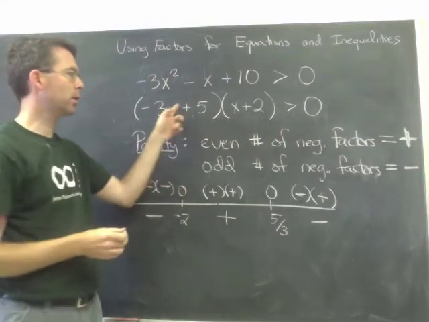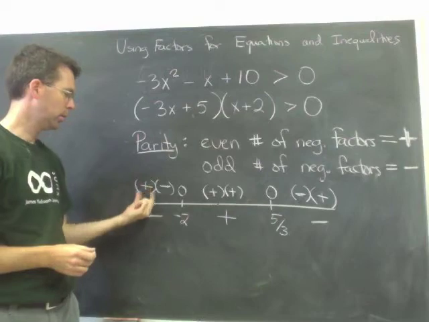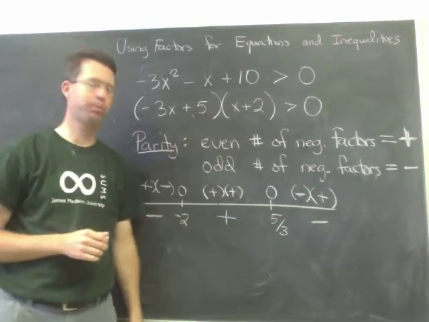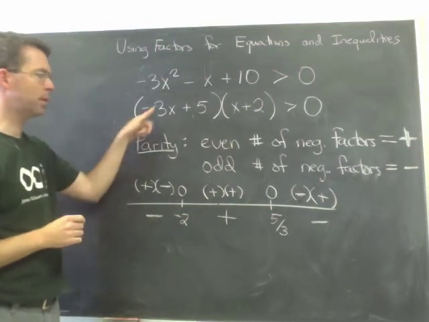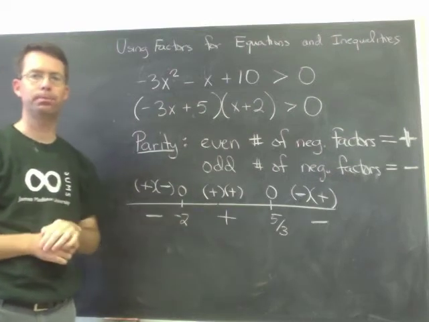Notice I'm not actually solving individual inequalities, although in a sense, checking the signs of the factors is doing that. But what I'm doing is checking parity rules based on my factors to determine the signs on each interval.